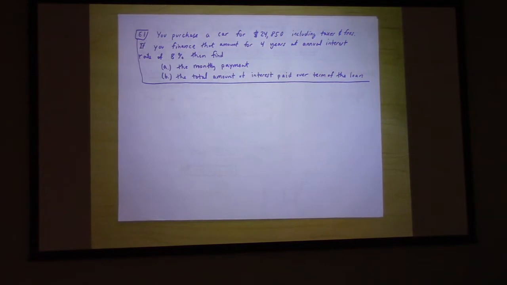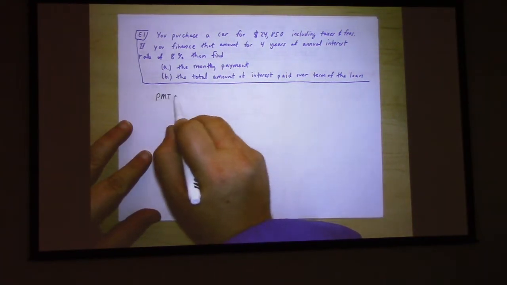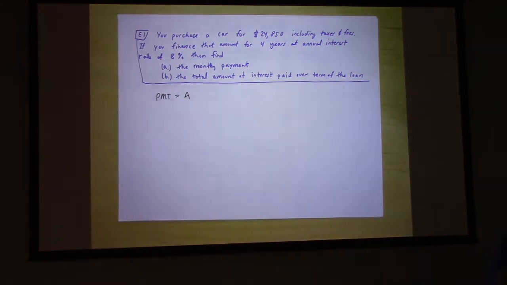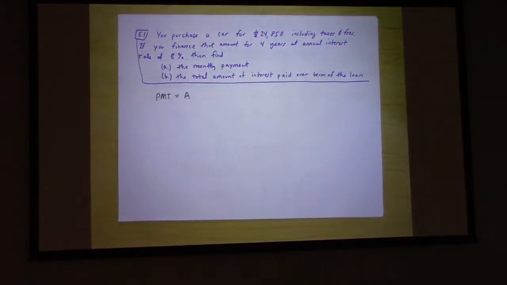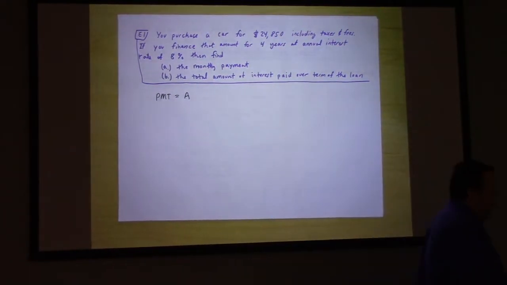So what's the monthly payment formula? Do you guys remember? Somebody better remember, otherwise we're just going to sit here all day. We need the PMT formula. PMT is equal to A times R over N over 1 minus 1 plus R over N. I thought I had the book with me, and I picked up the wrong chapter.